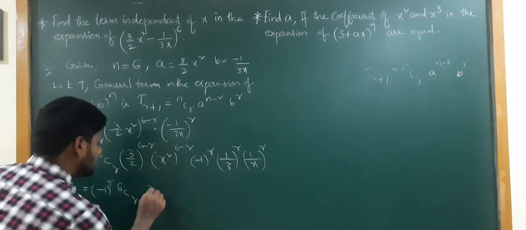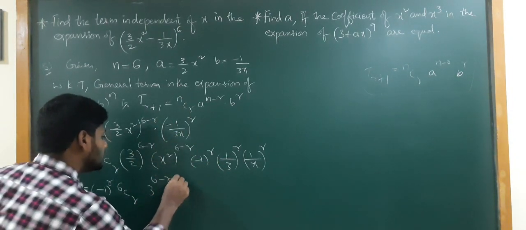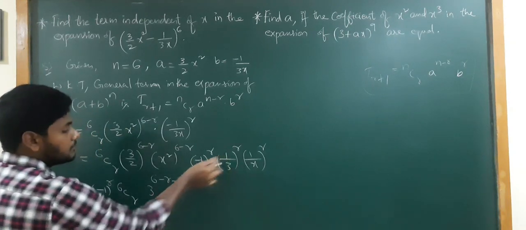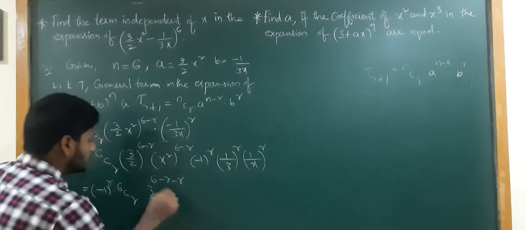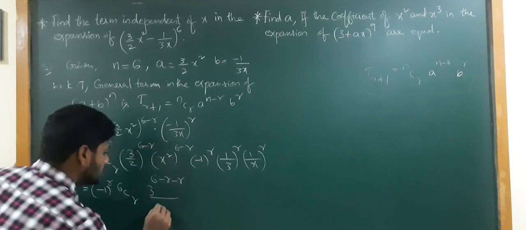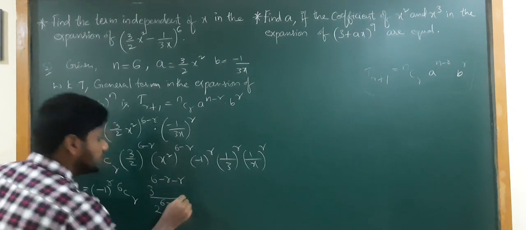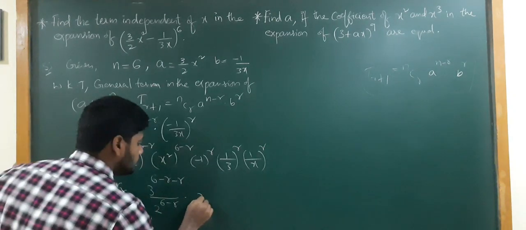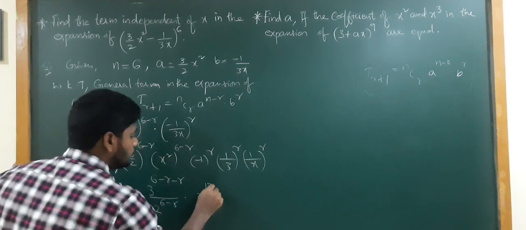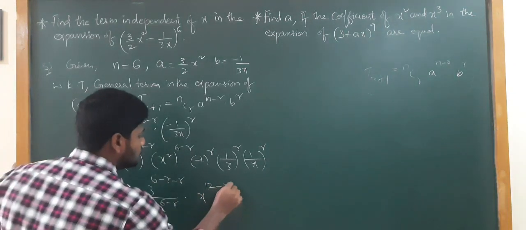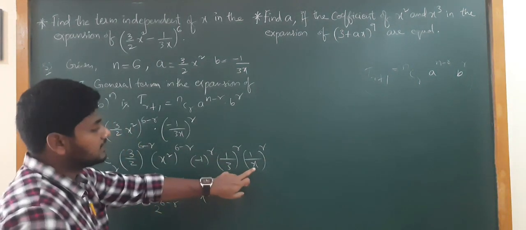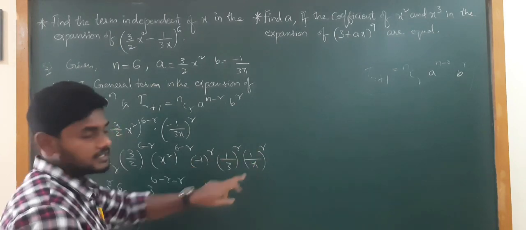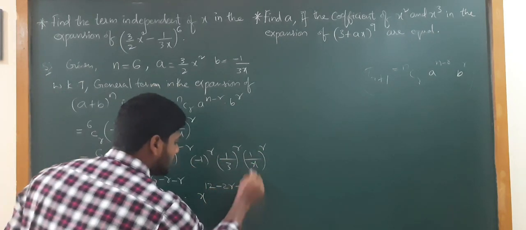So here I will write 3^(6-r-r), divided by 2^(6-r), into x to the power of 2 times (6-r), that is 12 minus 2r, and again another r is there, so x^(-r). That x^(-r) again I will add here.